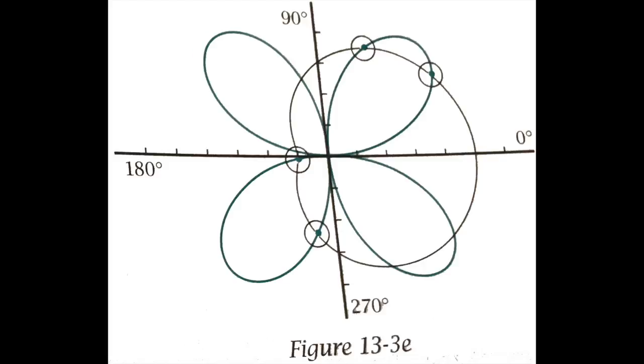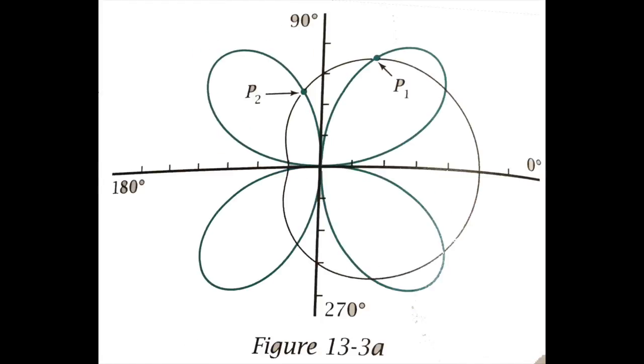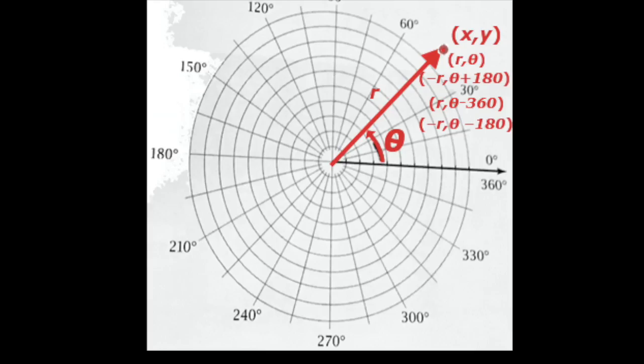Oh, wait, not x comma y, r comma theta. Yeah, that's it, r comma theta. That's where they intersect. That must be a solution to both of them. But that's not necessarily so. Because although x comma y would be a solution to both of them if you had the equation in Cartesian form, if you have it in polar form, any one of these four might be a solution, but not necessarily the same one for both equations.